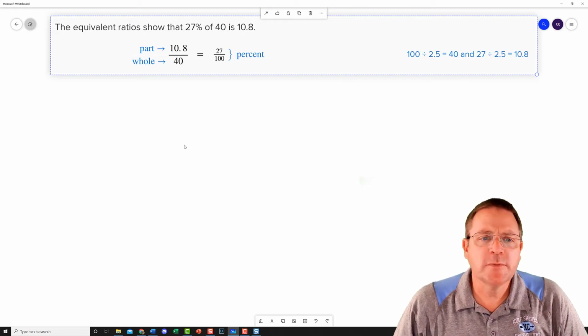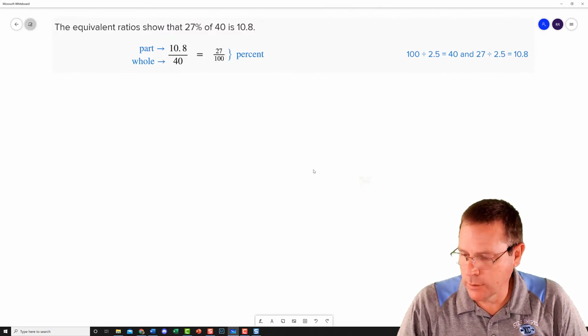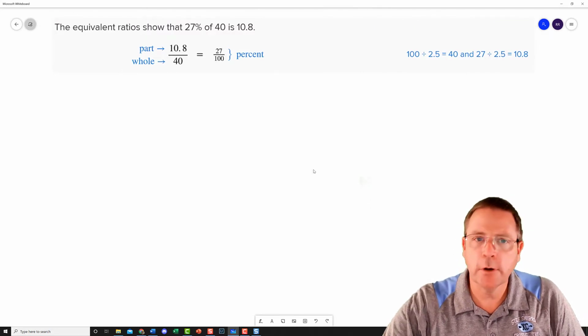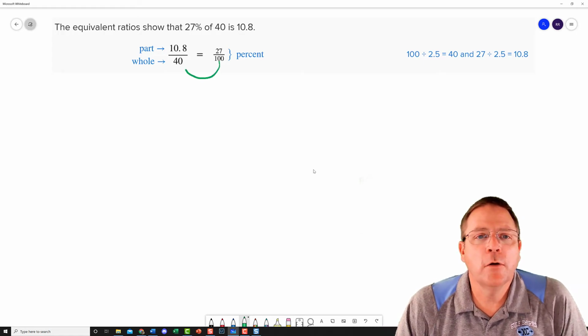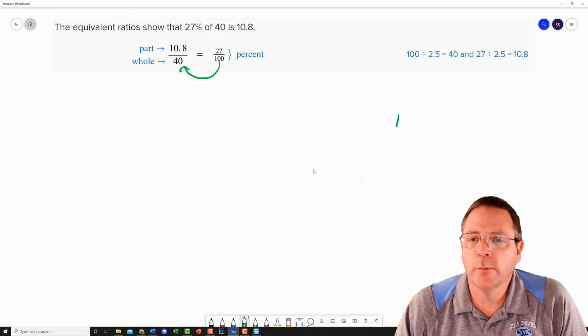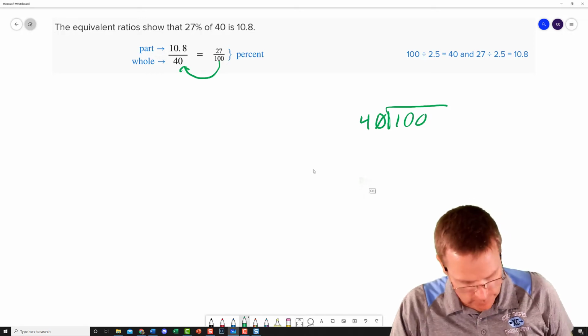So let me try and explain this a little bit better because the textbook kind of shotgunned you on it and said, boom, here's all your information. And my thing's not working. Hold on. All right, now it's working. We knew that we had to go from 100% to 40%. So the way they did that is they took the 100, divided it by 40. Of course, I've taught you that you can take those zeros off the end if you want to, but you don't have to.